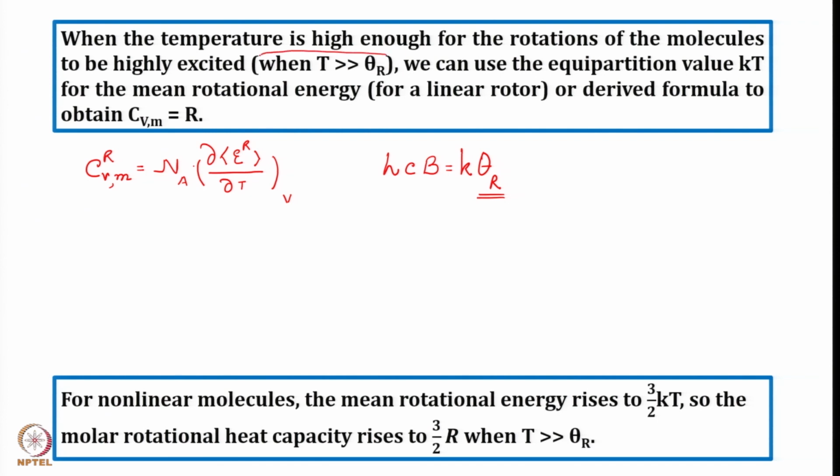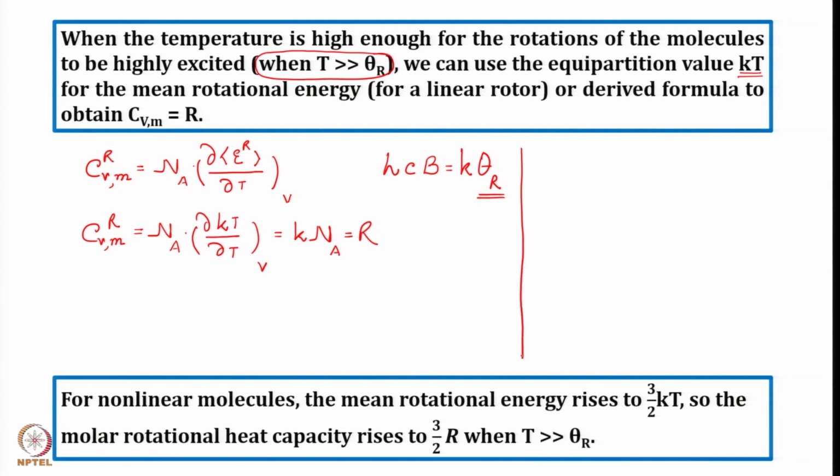When the temperature is much higher than the rotational temperature, then we have already discussed that the mean rotational energy is equal to kT, which matches with the equipartition value. So, let us use CVM rotational is Na del, the value is kT, del T at constant volume, which is equal to k times Na, which is equal to R.